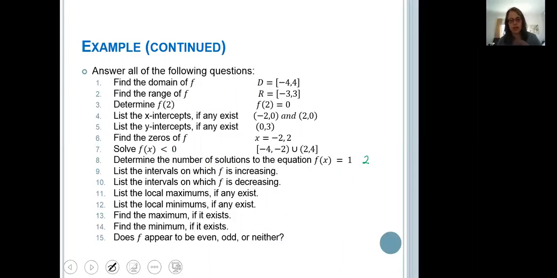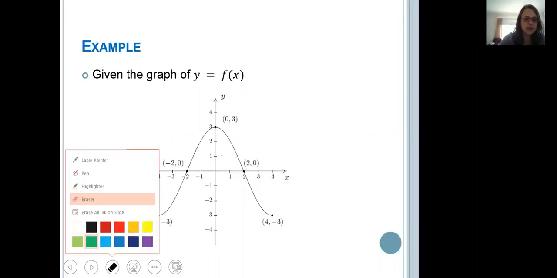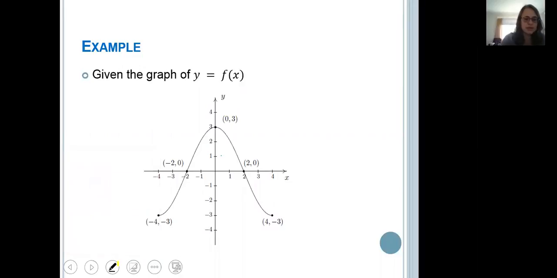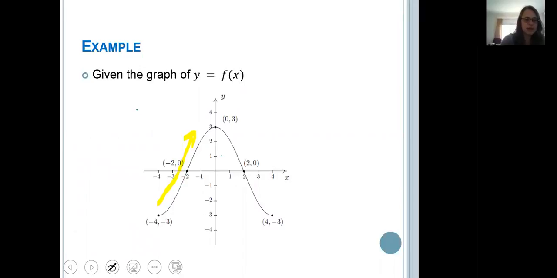So the next question is, on what intervals is the function increasing? Now let's erase my chicken scratch and think about this. We're reading our function from left to right, and we're looking for places where the function tends to be going upwards from left to right. Well, that's all of this, on the x-axis, from negative 4 up to 0.